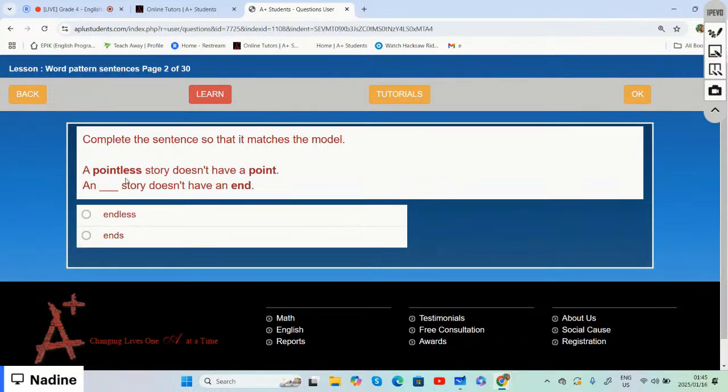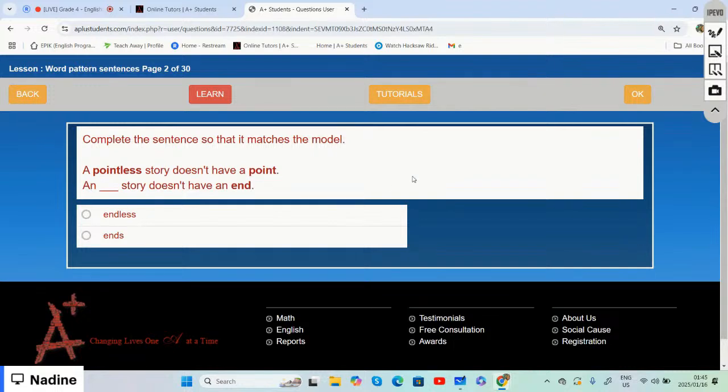All right. A pointless story doesn't have a point. We added the suffix less to it, which means it's less. If a pointless story doesn't have a point, then we can say an story doesn't have an end. Is it option one, an endless story, or option two, ends?